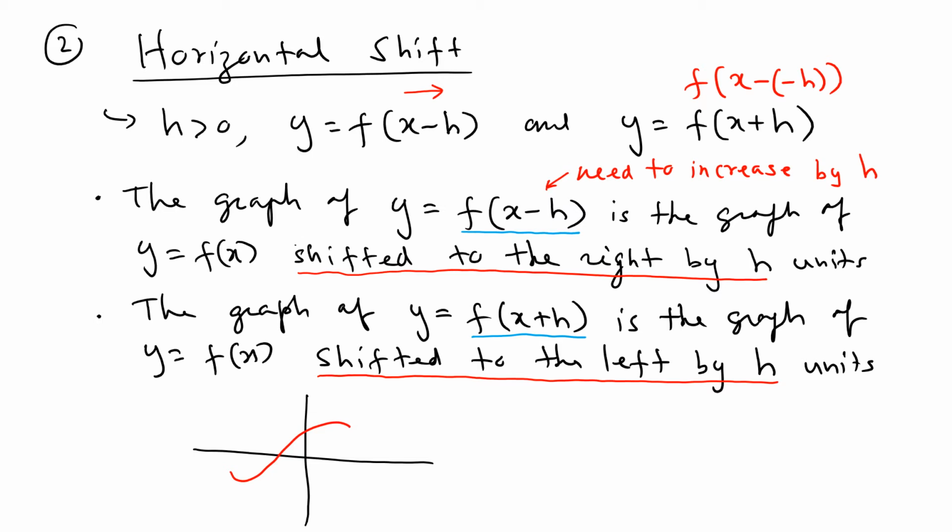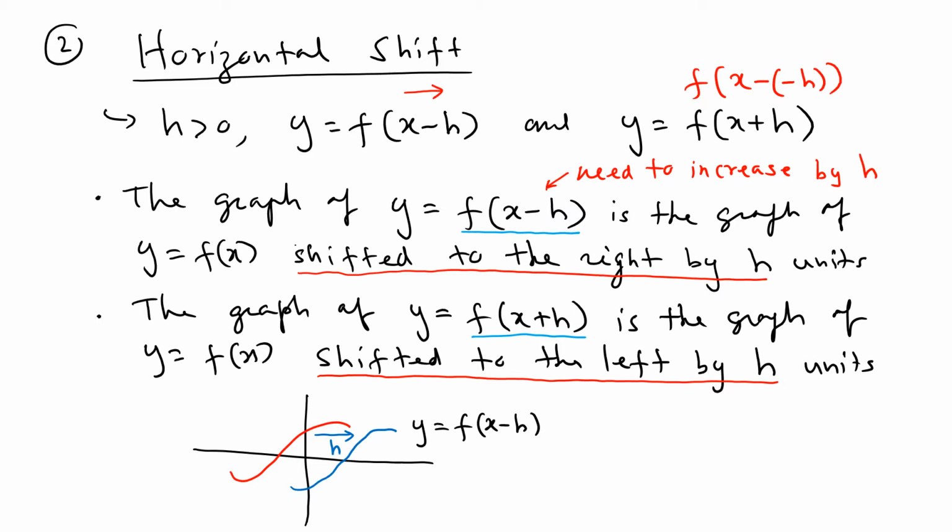That means you're going to move the graph h units. So this is the graph of y equals f(x minus h). You move, which means you increase the x coordinate. Since you increase the x coordinate, and since you subtract inside, they cancel each other.